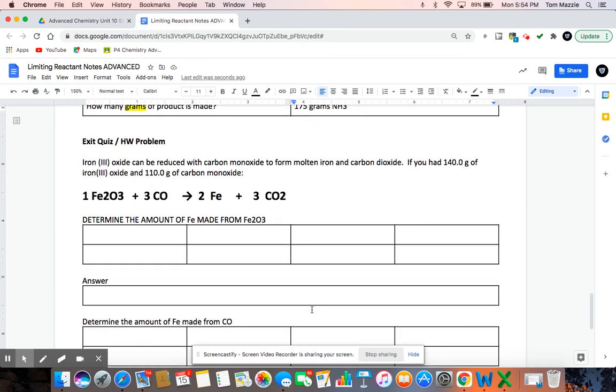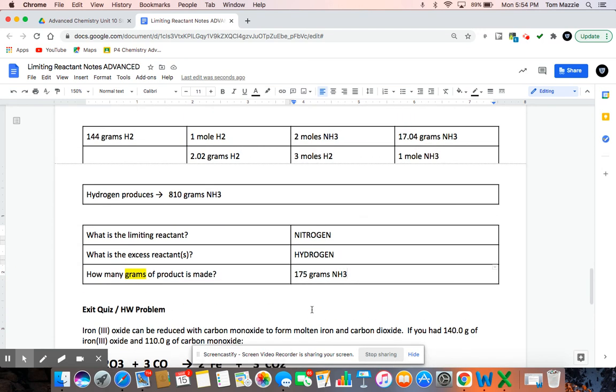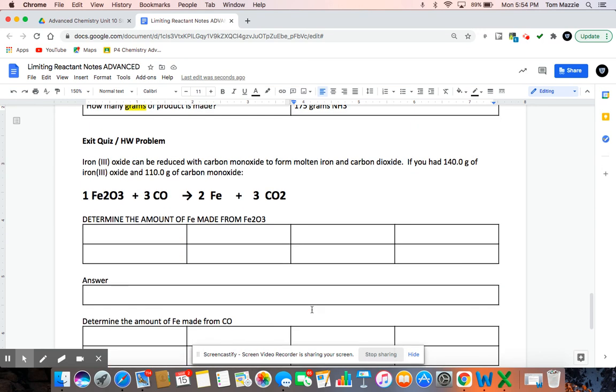Now, I'm going to leave you one question to do during class. So I want you to use what we just did. I'm going to grade you on this for homework. Obviously, you're going to get points for already taking the notes that you took. But right now, you're going to use this example.